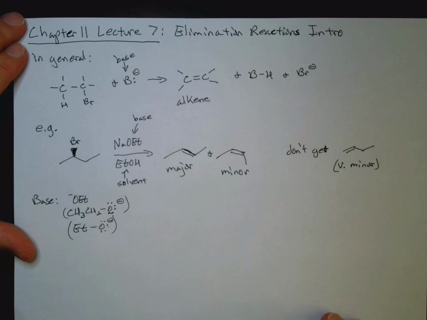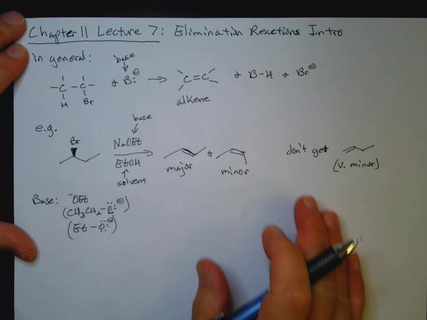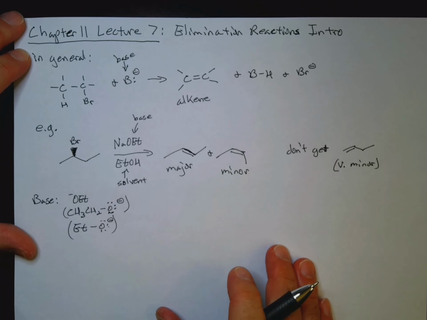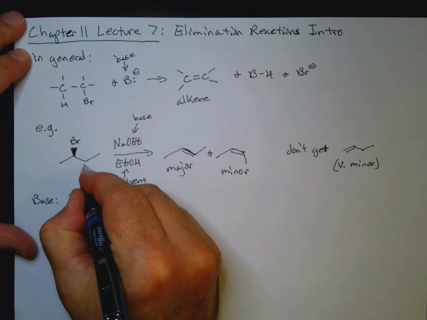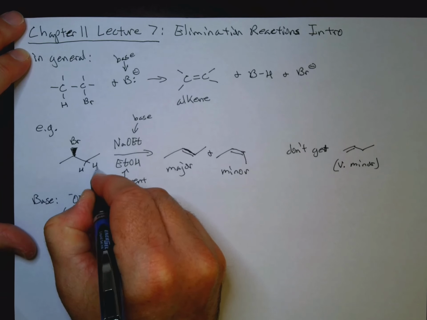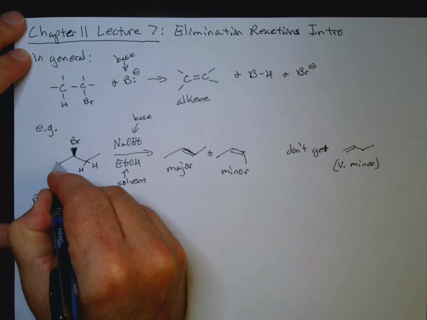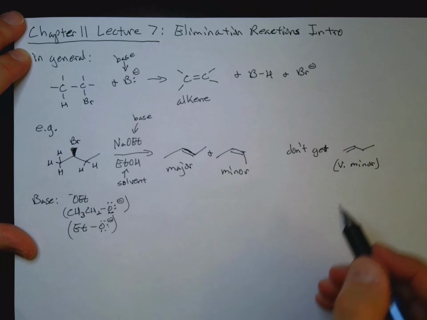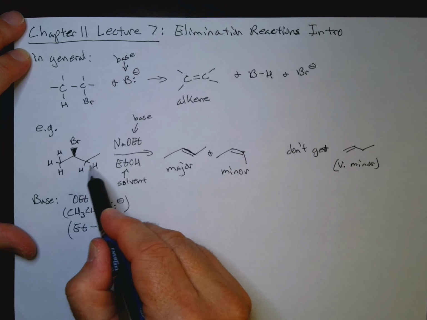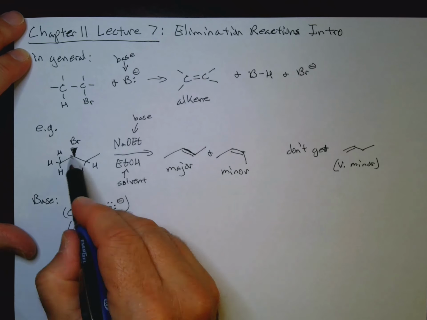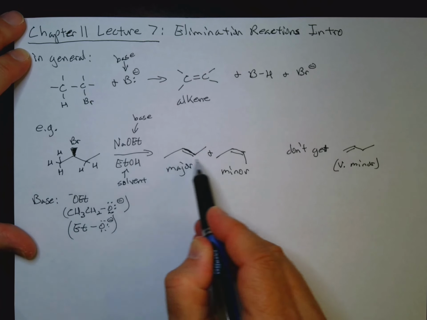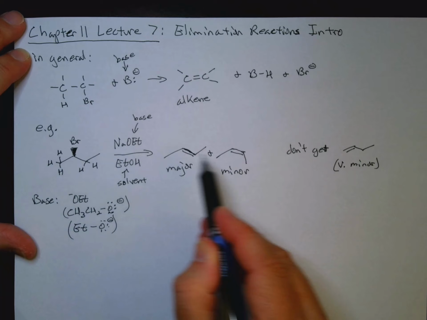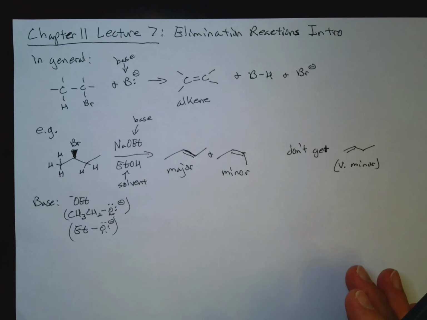Because really there are multiple ways that this elimination could proceed, because we have hydrogens here and hydrogens here. So it's possible that we could pull off one of these hydrogens to make the double bond in the middle, or pull off one of these hydrogens to make the double bond at the end.